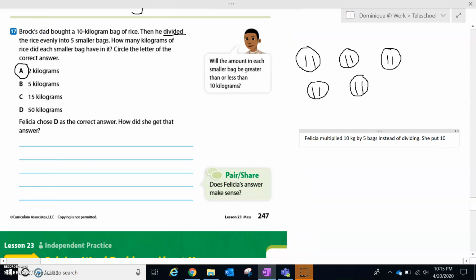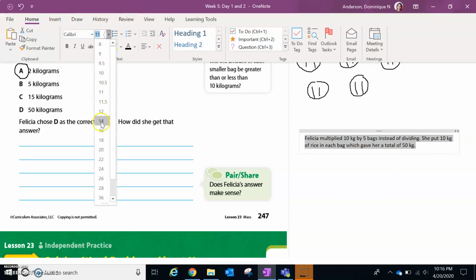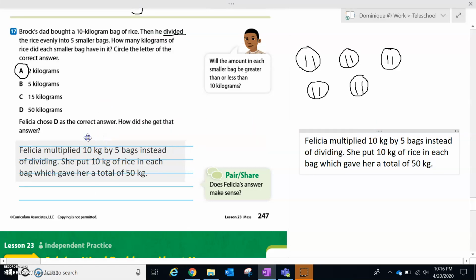She put 10 kilograms of rice in each bag, which gave her a total of 50 kilograms. All right, and remember, always pause to give yourself some time to answer your problem.